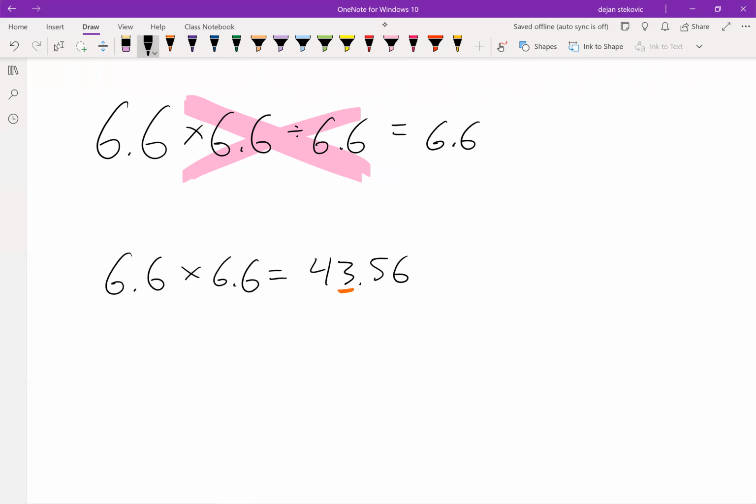Now, if you were to do this incorrectly and round in this intermediate step, you would round it to a 44. But as soon as you do that, you add some error. You added error by rounding prematurely.